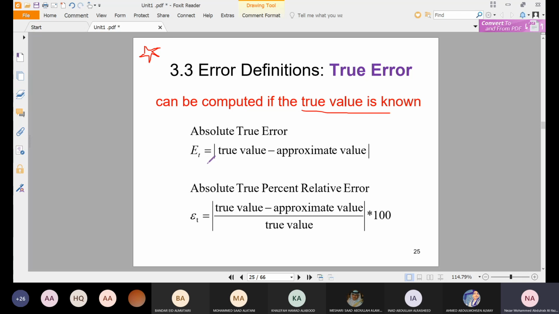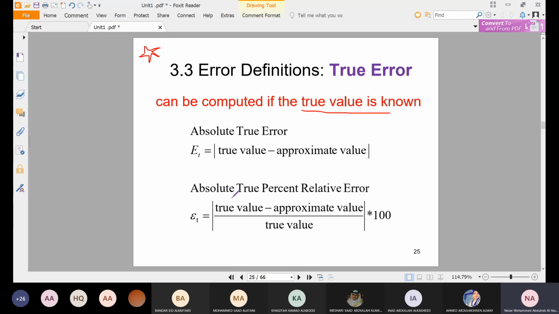Sometimes this error, for example, is only 1 millimeter, but sometimes this 1 millimeter is 50% of the measurement. So in this case, this is a big or huge error, and it might affect our design. So the percentage relative error usually will give us a good meaning to understand how this error might affect our measurement.